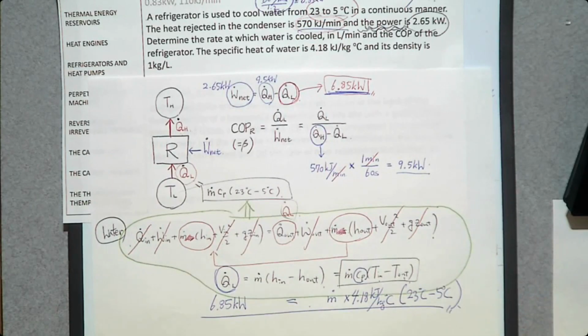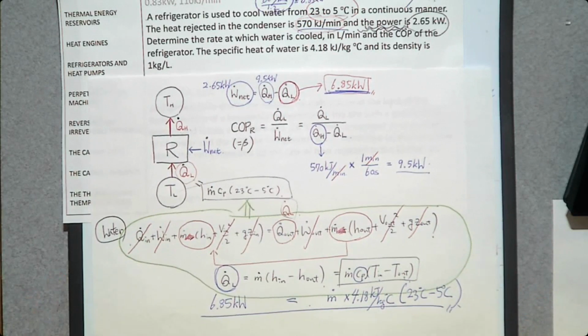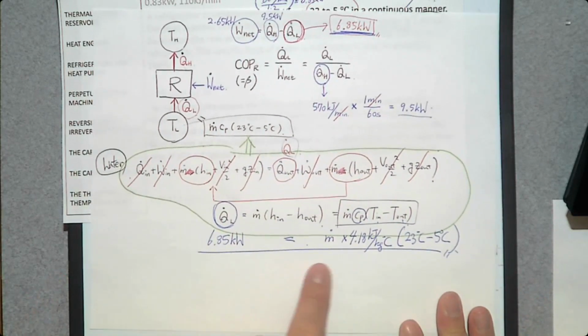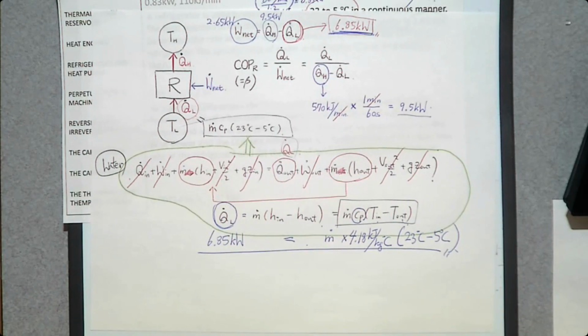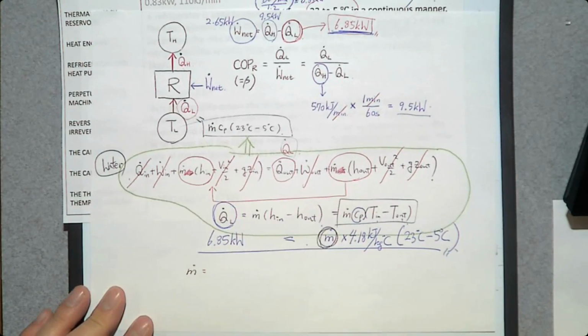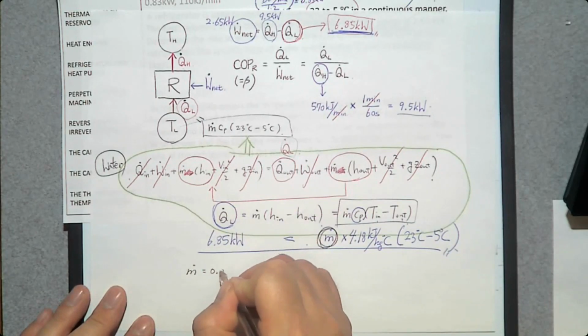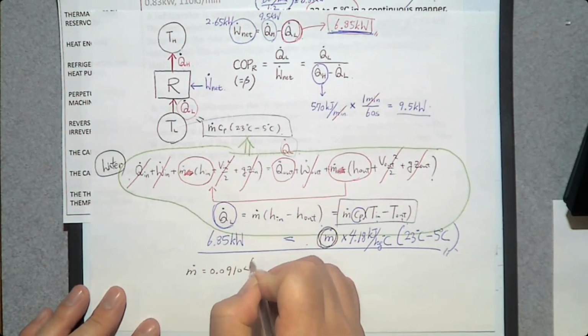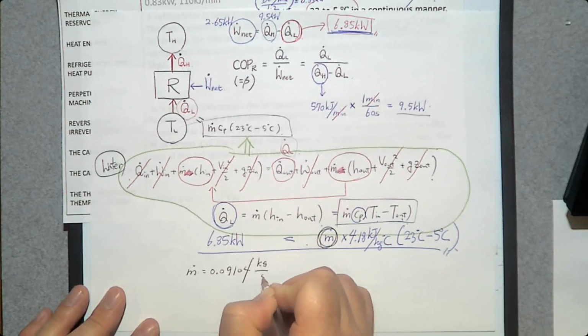So can we determine the mass flow rate? Yes, we can. So from this, the mass flow rate m dot of water is 0.09104 kilogram per second.